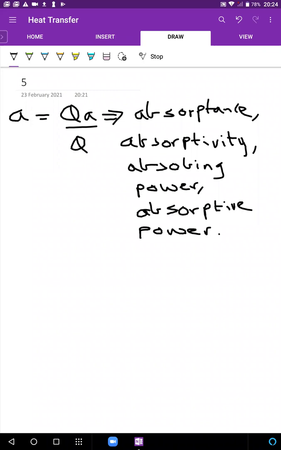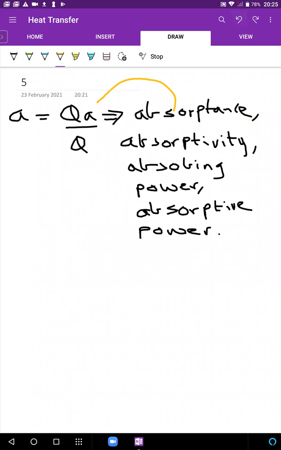Absorptance, absorptivity, absorbing power, and absorptive power. Okay, the B's and P's are all correct. These are all multiple names for A. Okay, these are ways to refer to heat absorbed upon heat incident. 10 जूल आया, सिर्फ 2 जूल absorb हुआ. So 2/10 is either absorptance or absorptivity or one of the following.